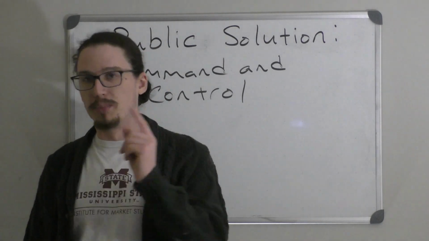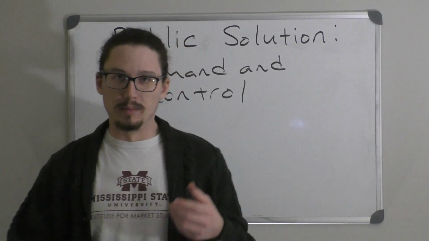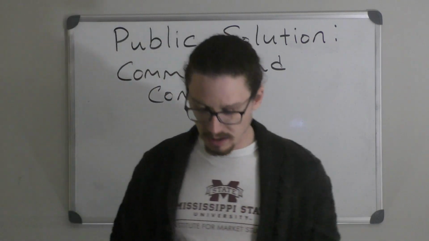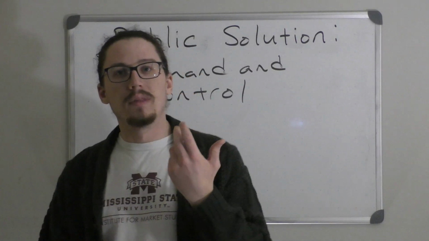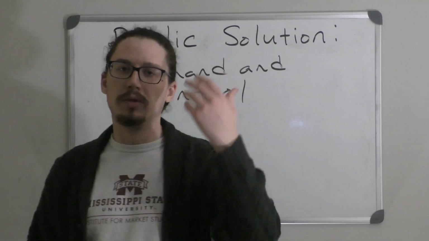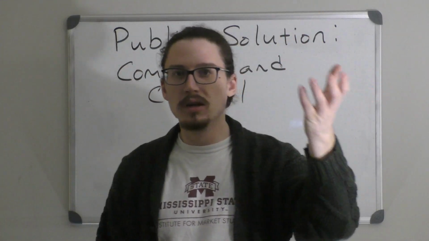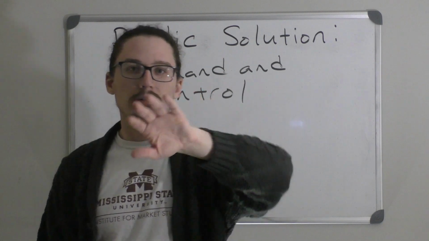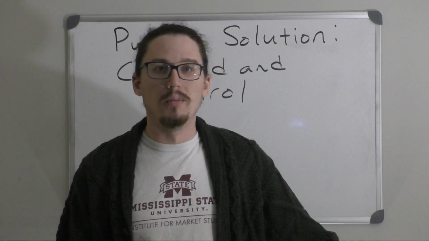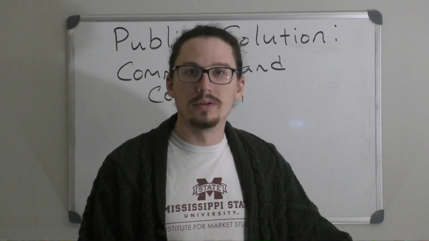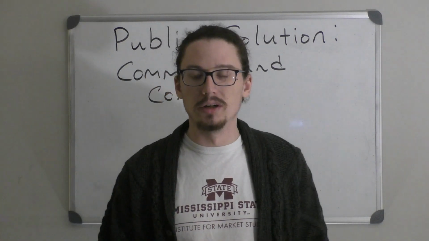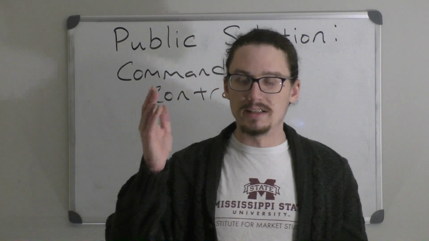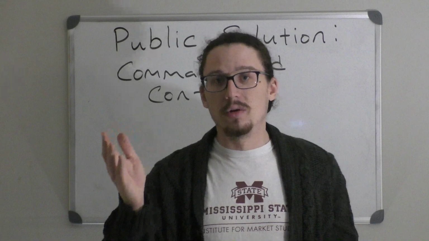So with command and control, essentially this is the government saying produce more of this or produce less of this. So it's really just the government making an order about how much should be produced. There's this good that has an external cost, so people are over consuming and overproducing it. So I'm going to tell these producers as the government not to produce as much, and limit their production.